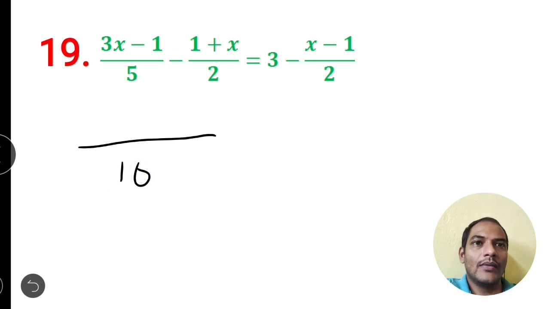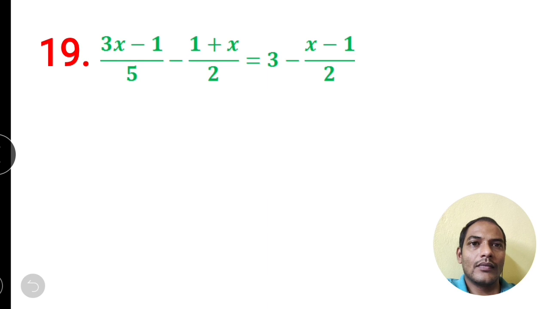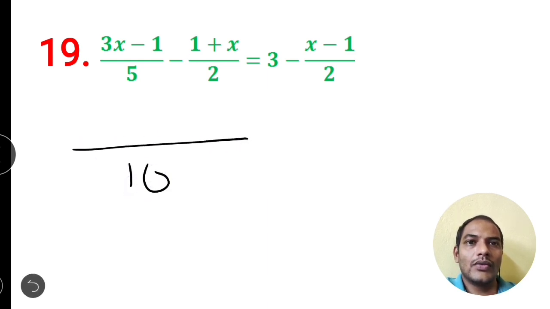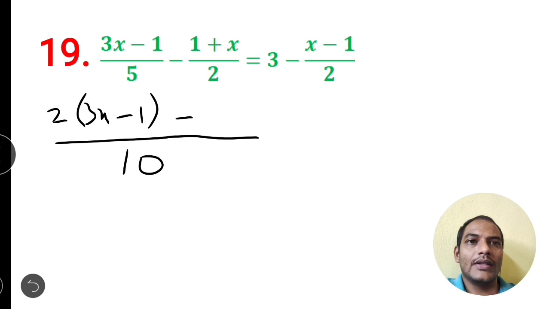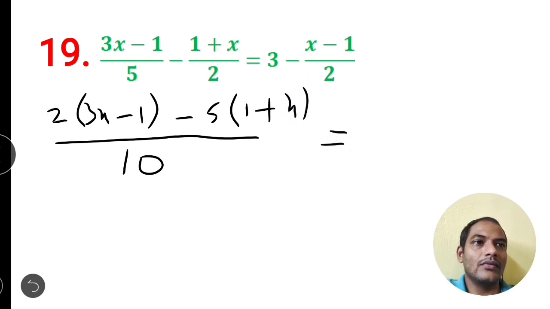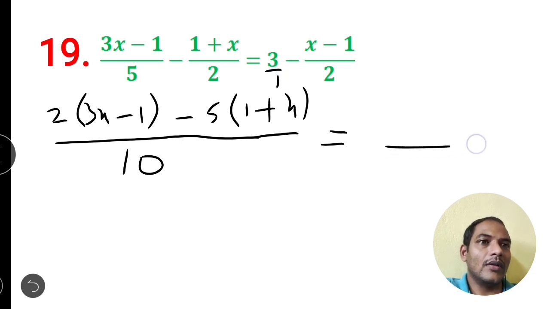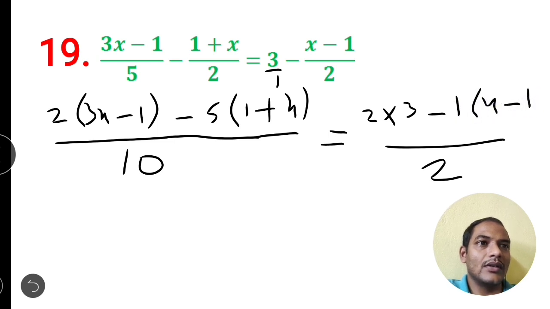So 10 in 5 table 2s are 2, 2 into numerator 3x minus 1, minus 10 in 2 table 5 is 5 into numerator 1 plus x, equals, so here 3 can be written as 3 by 1, then 1 comma 2 LCM is 2, 2 into 3 minus 1 into x minus 1.